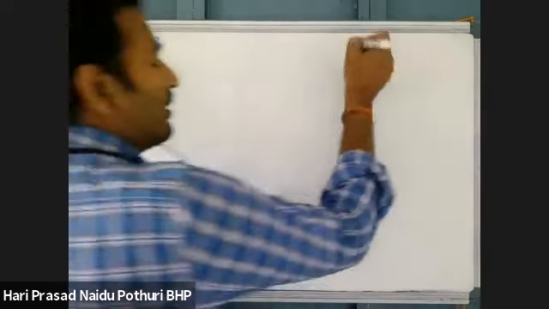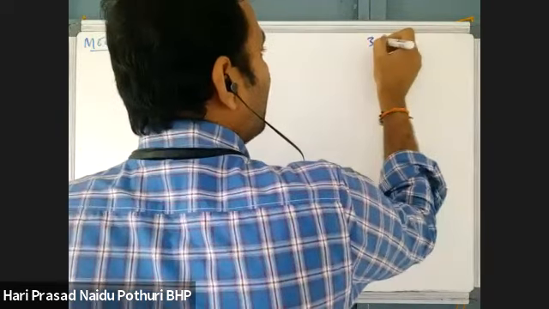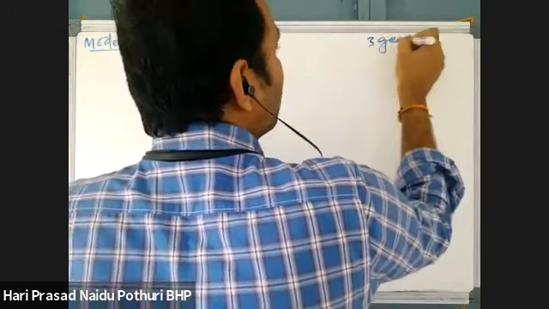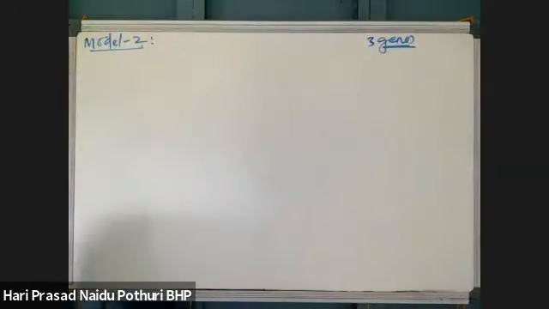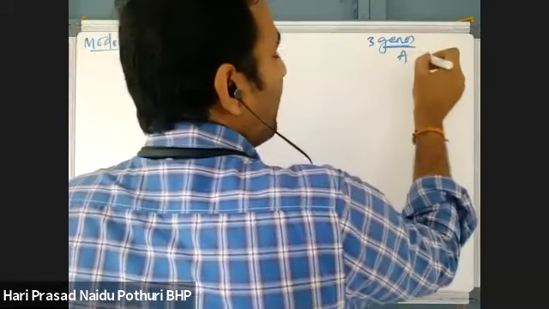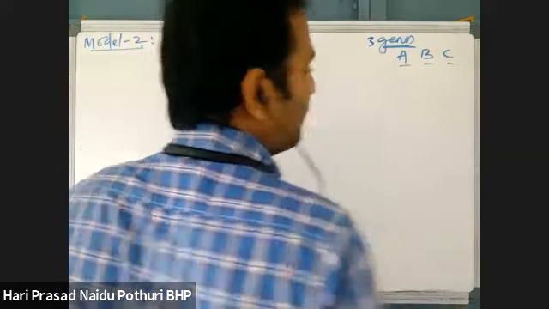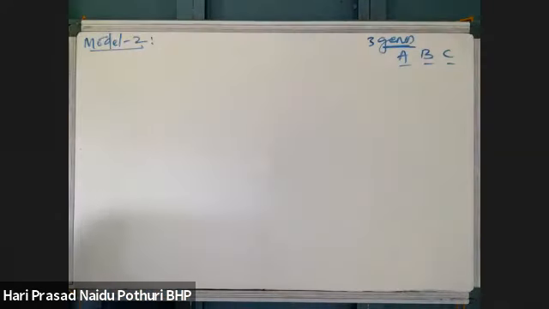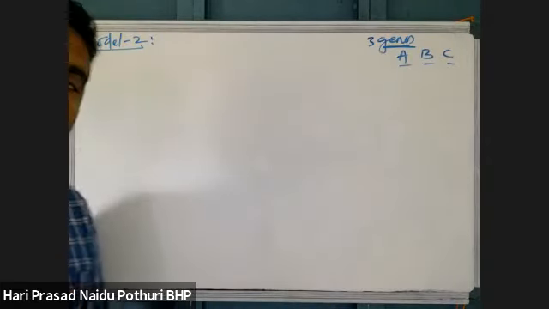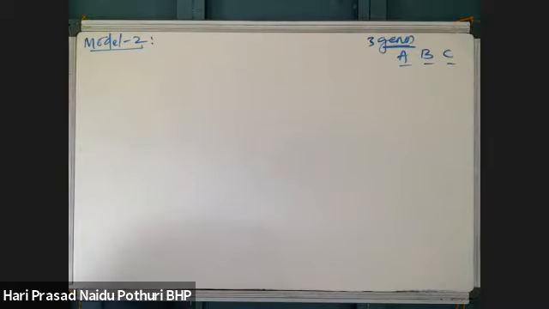To find the distance between 3 genes, he conducted test crosses. Suppose gene A, gene B, gene C, 3 genes are on a chromosome. What is the order of the genes? What is the distance between genes? To find that he conducted such experiments.